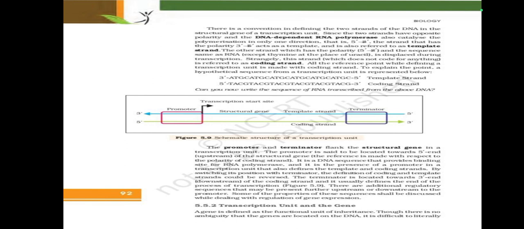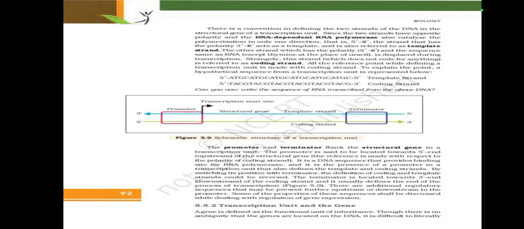The terminator is located towards the 3 prime end, downstream of the coding strand, and it usually defines the end of the process of transcription. Figure 5.9. There are additional regulatory sequences that may be present further upstream or downstream to the promoter.